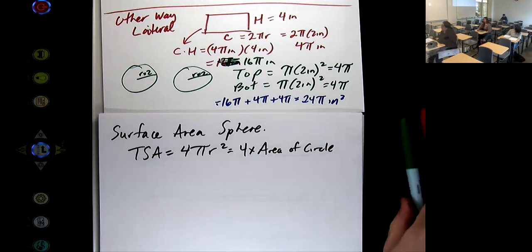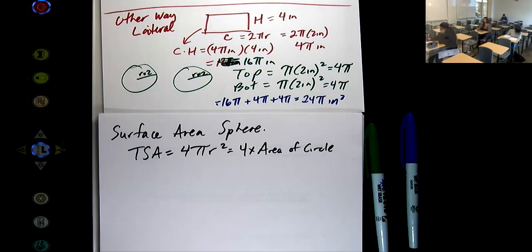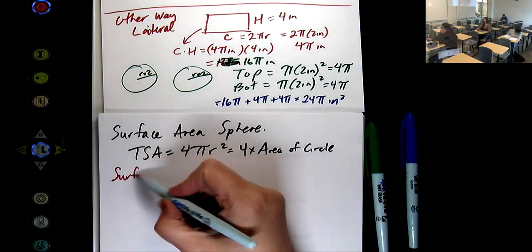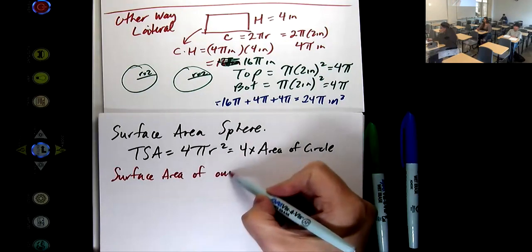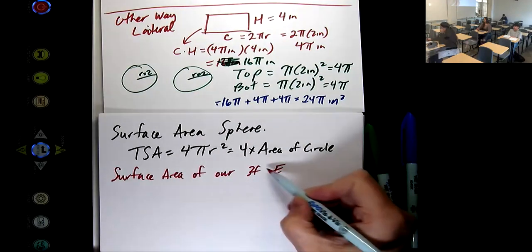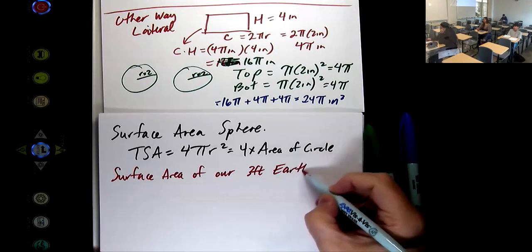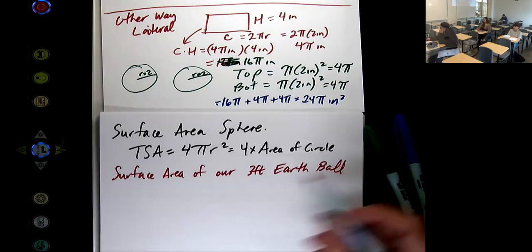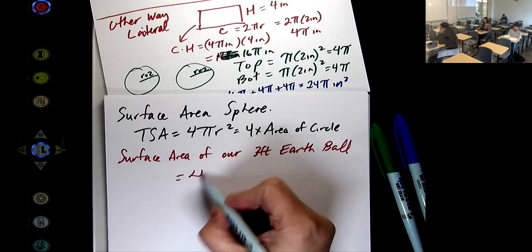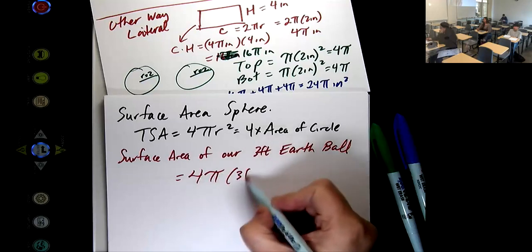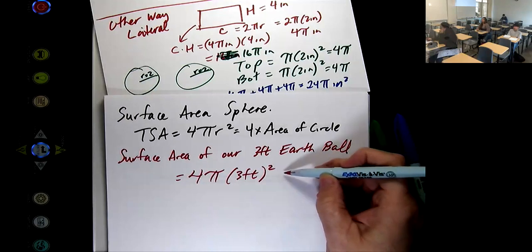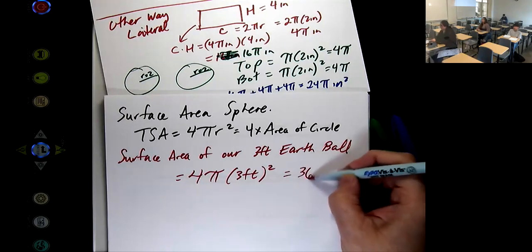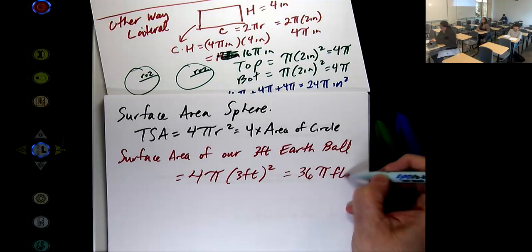So the surface area of the earth ball, our 3 foot earth ball, 4 pi times 3 feet squared is 36 pi square feet.